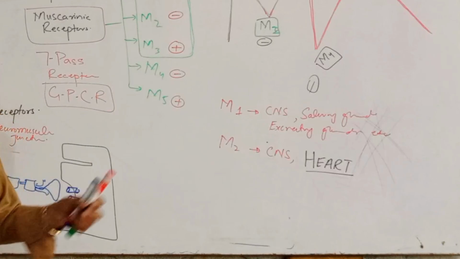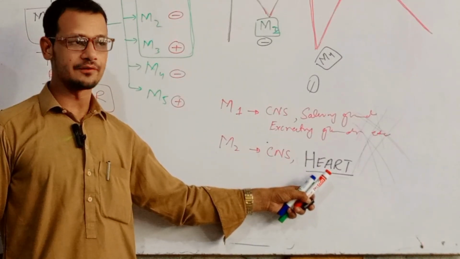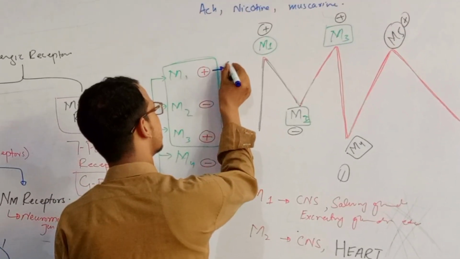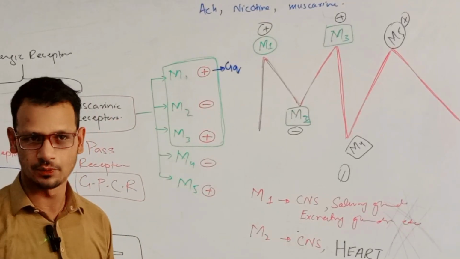The location of M2 receptors is the heart, and I have told you that these receptors work through G proteins, Gq, which is stimulatory.